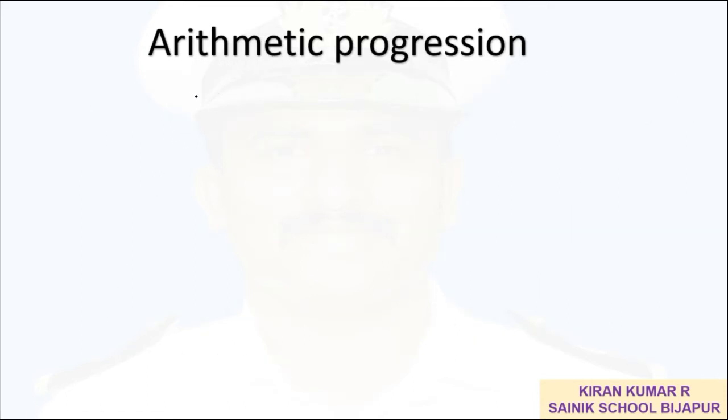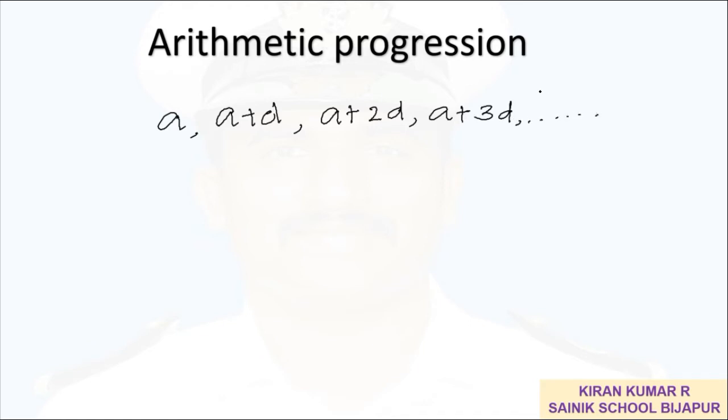If I consider the first term to be a and the common difference is d, then the second term will become a plus d. The next term will become a plus 2d. The next term will become a plus 3d, and it continues. Here, a is the first term. d is the common difference.